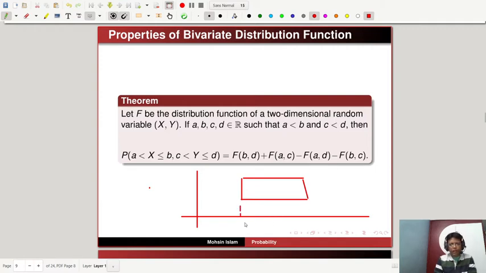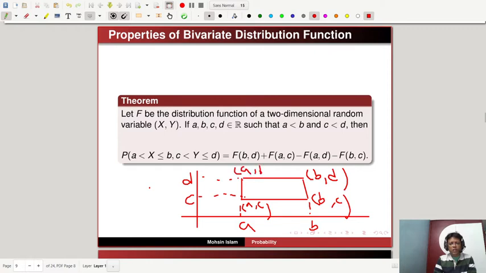Your x will go from A to B, and y from C to D. So these are the points: this is A comma C, this is B comma C, this is B comma D, and this is A comma D.